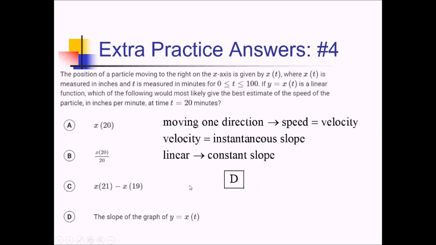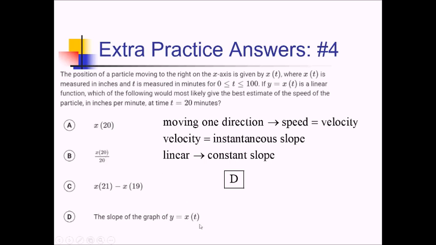Now, just to take a look at some of the other answer choices, x of 20 was your position at time 20, so that doesn't tell you the speed. X of 20 over 20 would be your average rate of change in position, which would be velocity if you were starting at time 0, which is all well and good, but it doesn't necessarily tell you a whole lot about the speed at time 20.